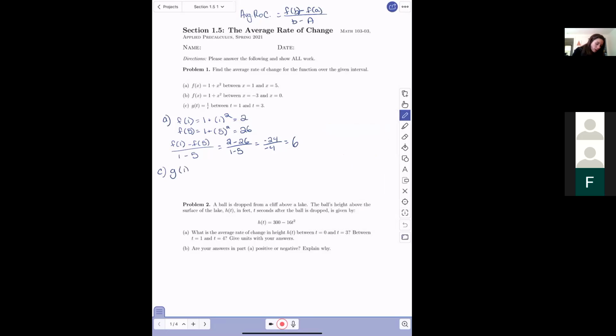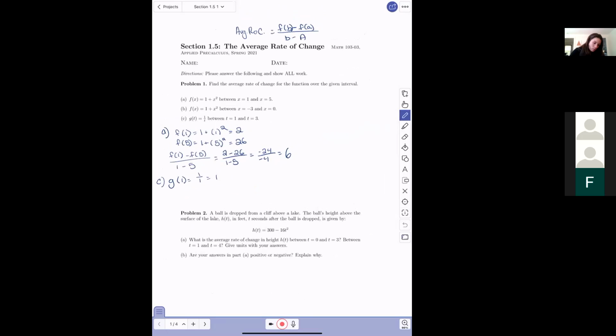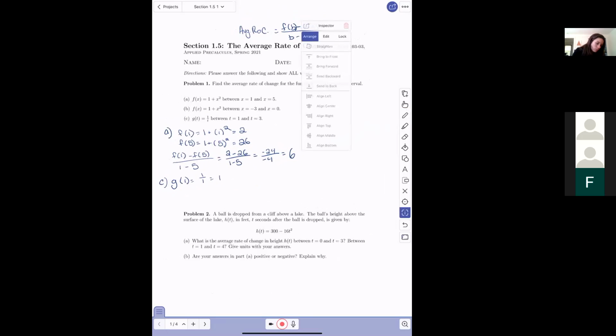So let's figure out what g of 1 is, which is 1 over 1, which equals 1. And then g of 3 is equal to 1 over 3.